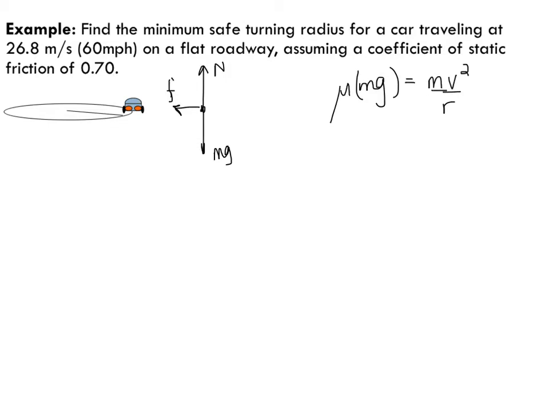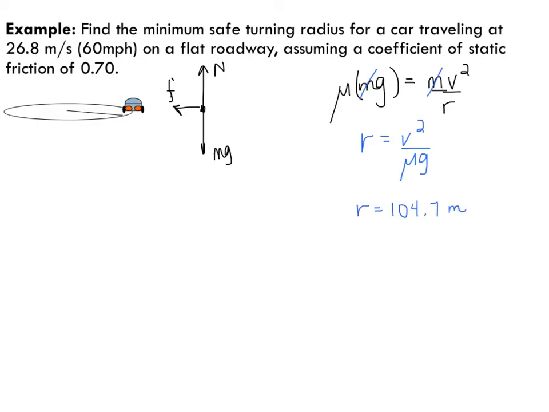Here we notice my m's cancel out. And I'm trying to solve for my r, so I get r by itself is equal to v squared divided by mu times g. When you put in all of your values, you should get an r value of 104.7 meters.